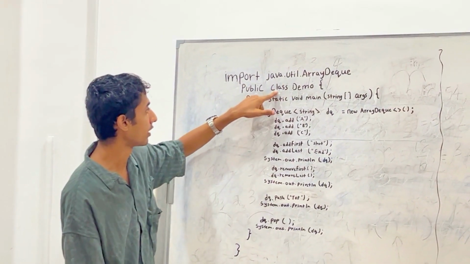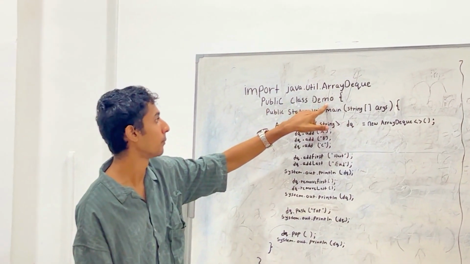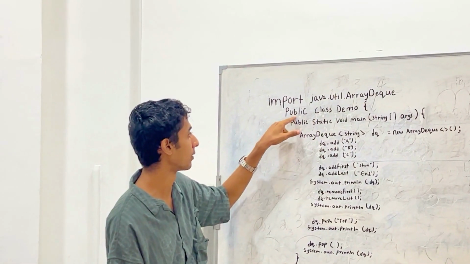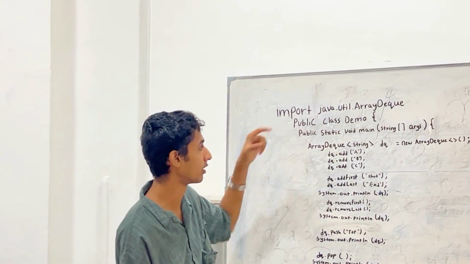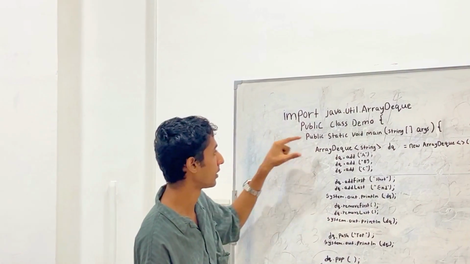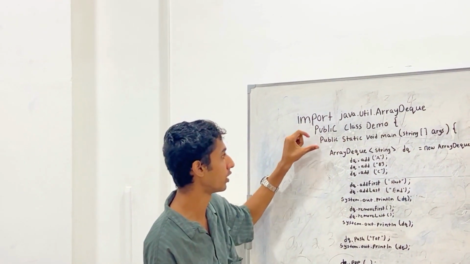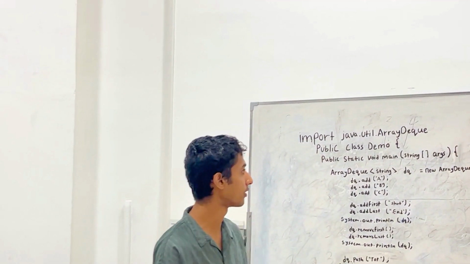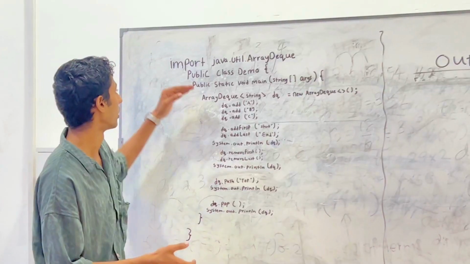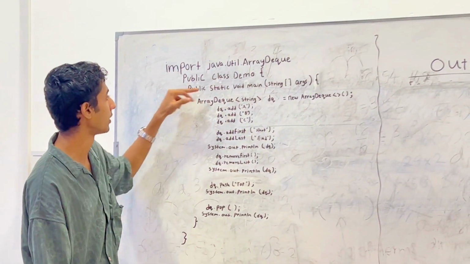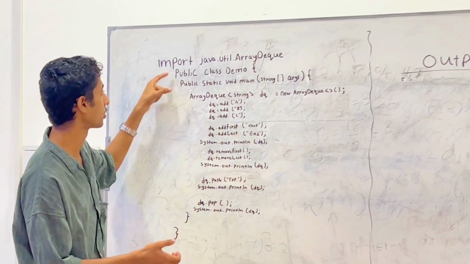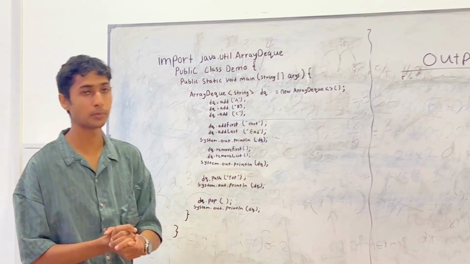I have created a class called demo with public access specifier given. Then public static void main(String[] args): these two code lines are the basic elements of Java programming.